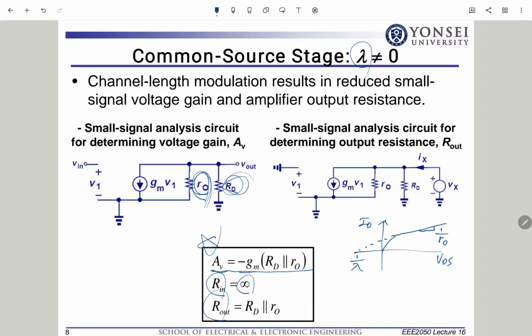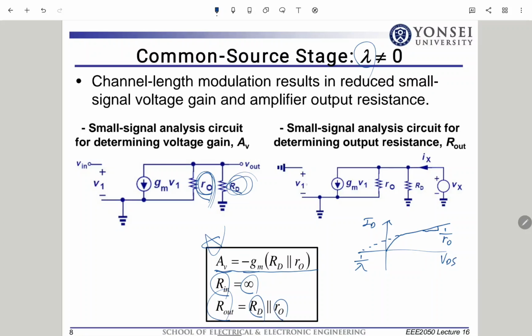What about R out? R out is simply RD in parallel with R naught, since V1 is equal to 0 and this part is also equal to 0. So all you have left here is RD and R naught.